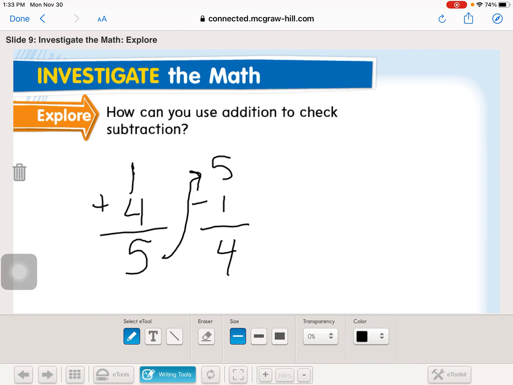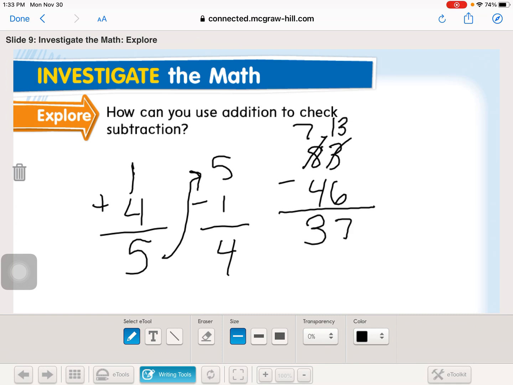So if I have a problem like 83 minus 46, I can solve, and then I can take my 2 parts, because I know whole minus part equals part.